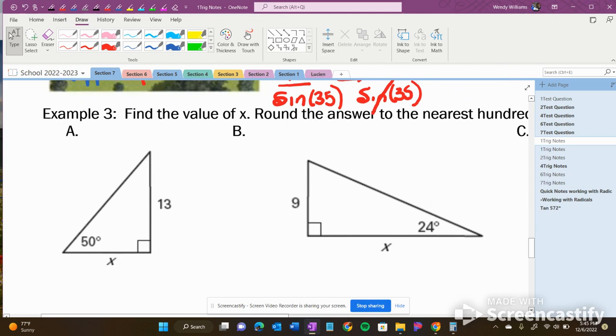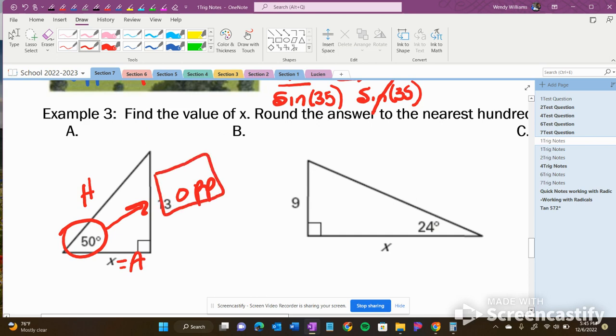Okay. So let's look at the next one. In A, they give me the angle 50 degrees. From 50 degrees, we go opposite. Here's my hypotenuse. So by default, this must be adjacent. Now they're giving me opposite. They want adjacent. So what trig function is opposite and adjacent?